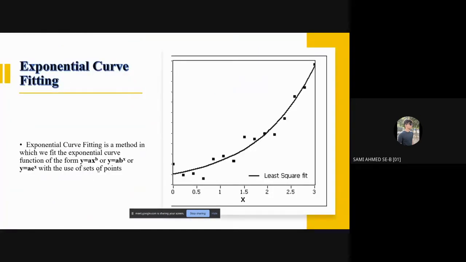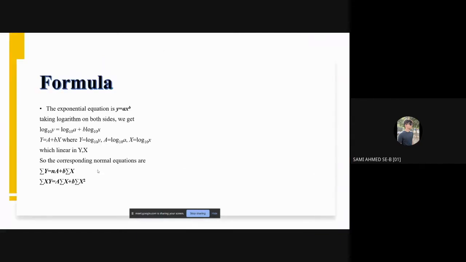So now coming to the exponential curve fitting. We'll get functions such as y equals a x raised to b, or y equals a b raised to x, or y equals a e raised to x. We will see an example in our presentation going ahead. The formula used: first of all, we have an exponential function, and it is a requirement to make it linear so that we can compare it with the normal equations.